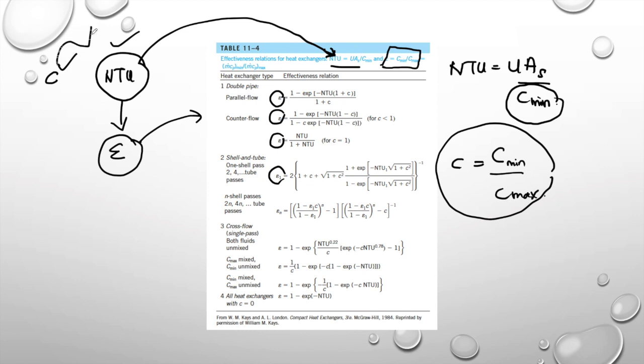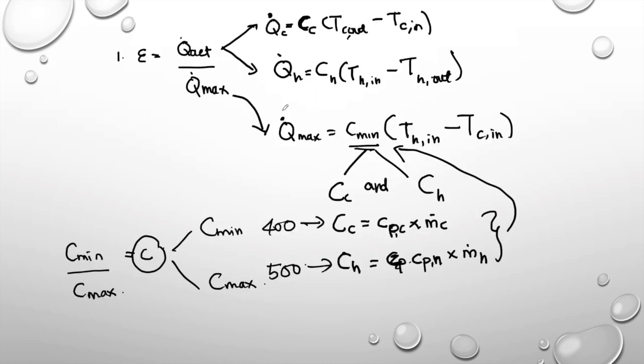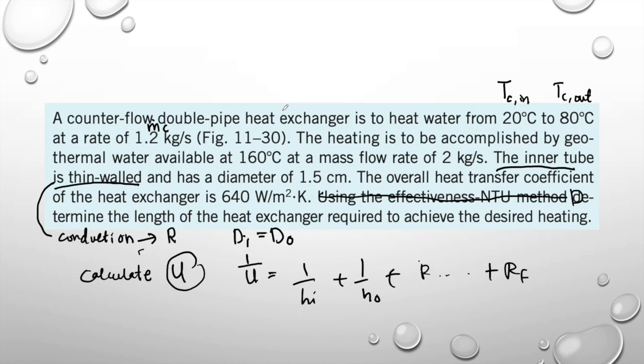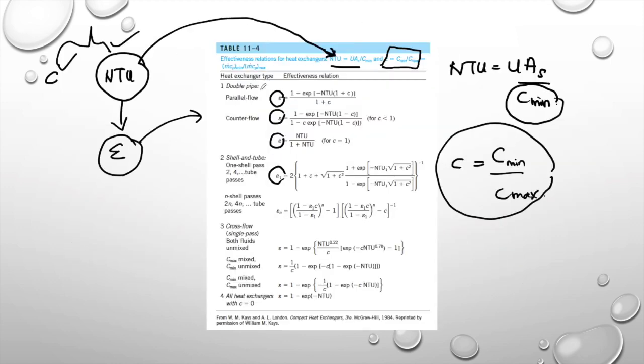You can calculate both of these values. Then from this table, you refer to the effectiveness of that heat exchanger, okay? Then, for example, in this case, you are dealing with the counterflow double pipe heat exchanger. Then you refer to double pipe heat exchanger and then counterflow.